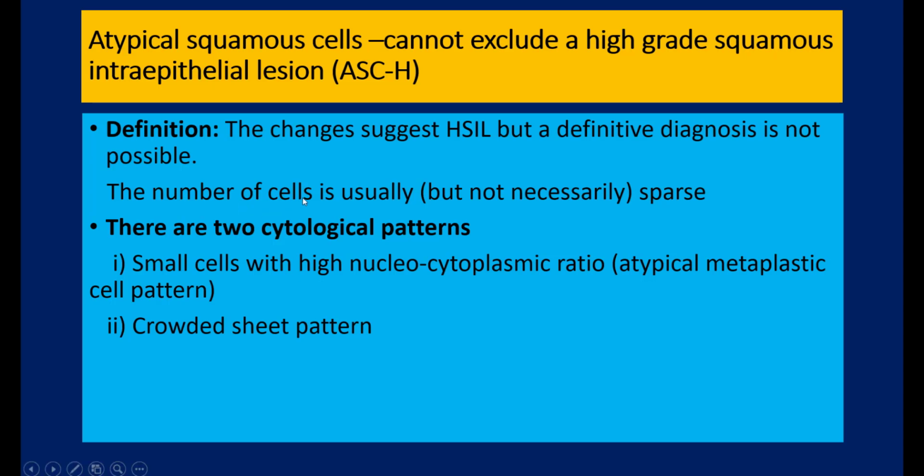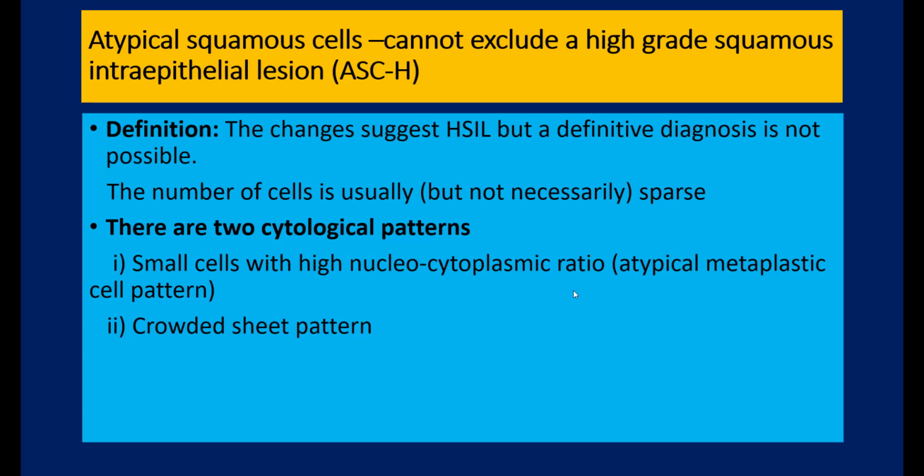The number of cells usually is scanty, but not necessarily scanty, as you are going to see in the subsequent slides. There are two major cytologic patterns. There could be small cells with high nucleo-cytoplasmic ratio, also called, according to Bethesda, the atypical metaplastic cell pattern.